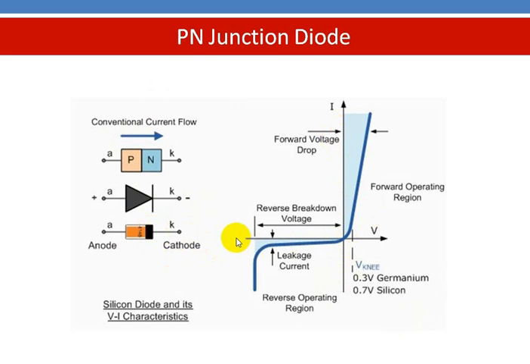Coming to the characteristics, let us see the forward operating region. The diode is forward biased. When the voltage across the device becomes equal to the cut-in voltage, which is 0.7 for silicon and 0.3 for germanium, the diode starts conducting current.